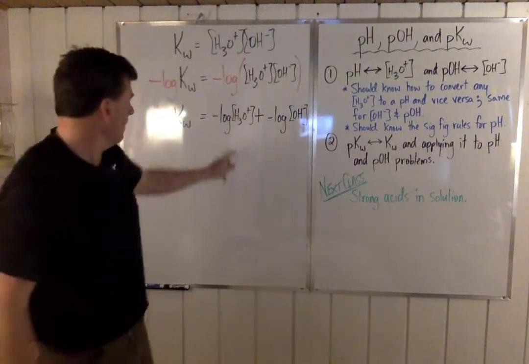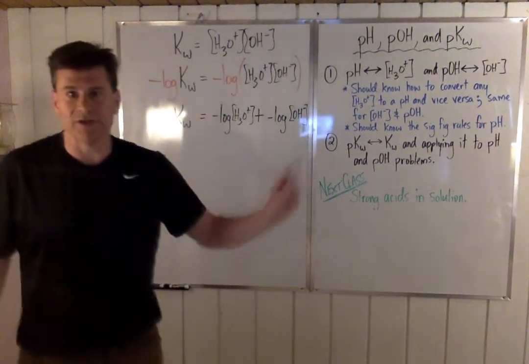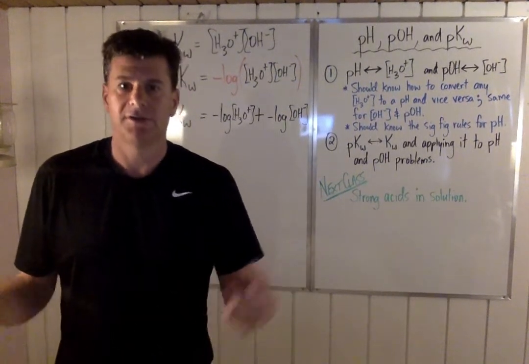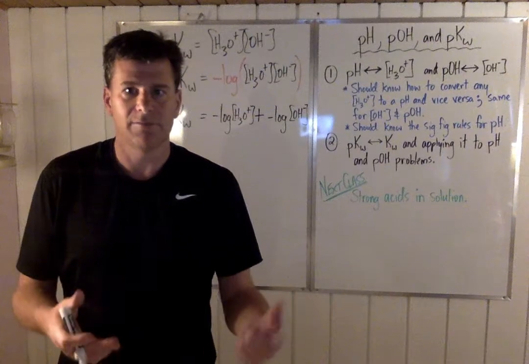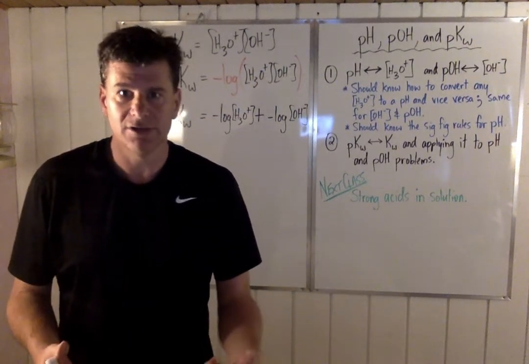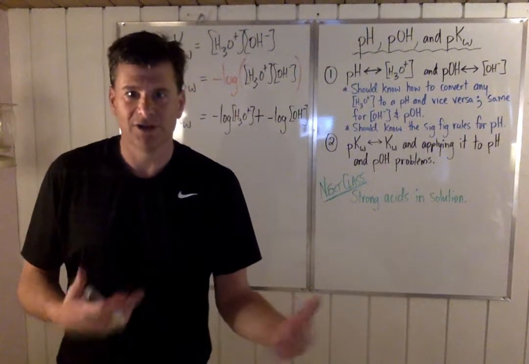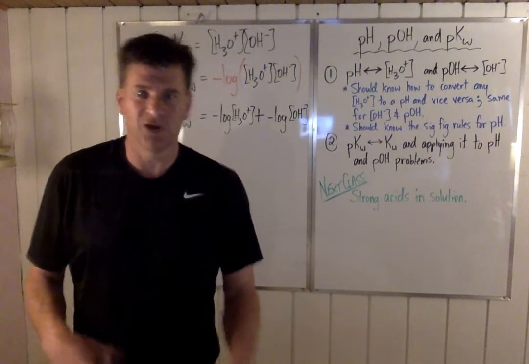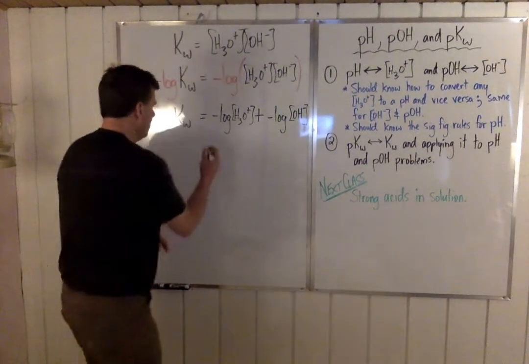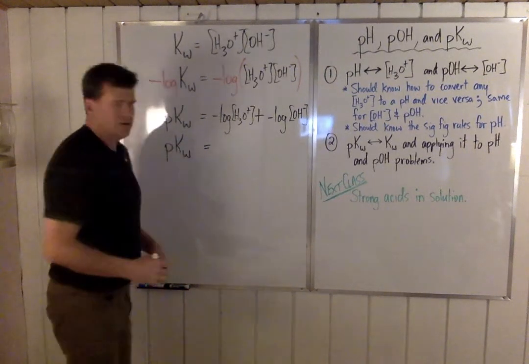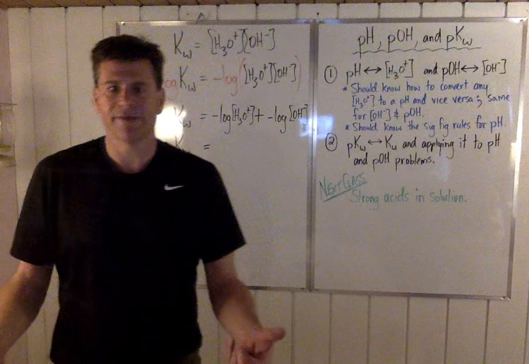Well, negative log of hydronium means pH, and negative log of hydroxide means pOH. So if you substitute pH and pOH for those complicated looking negative log parts, you get this very fundamental mathematical principle.